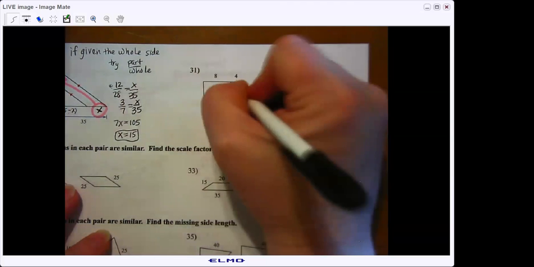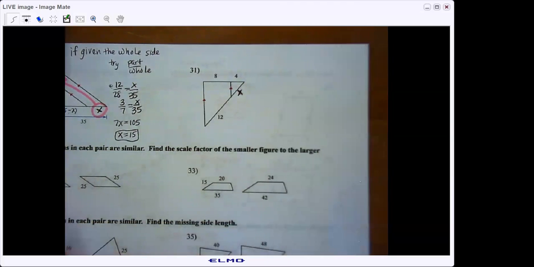Let's call this x. And Samantha, what would the other side look like?